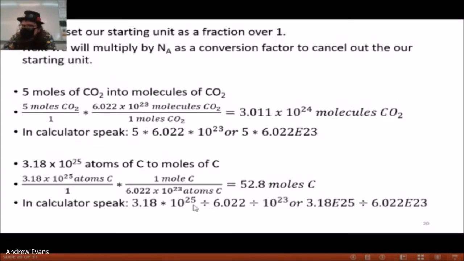So you need to either make sure you type it in like this, or you type it in order of operations, or you include parentheses. I want to avoid you making silly mistakes, because it's all well and good if you can set this up and make it look pretty on paper. It's another thing if you know how to use your calculator to avoid these dangerous pitfalls.